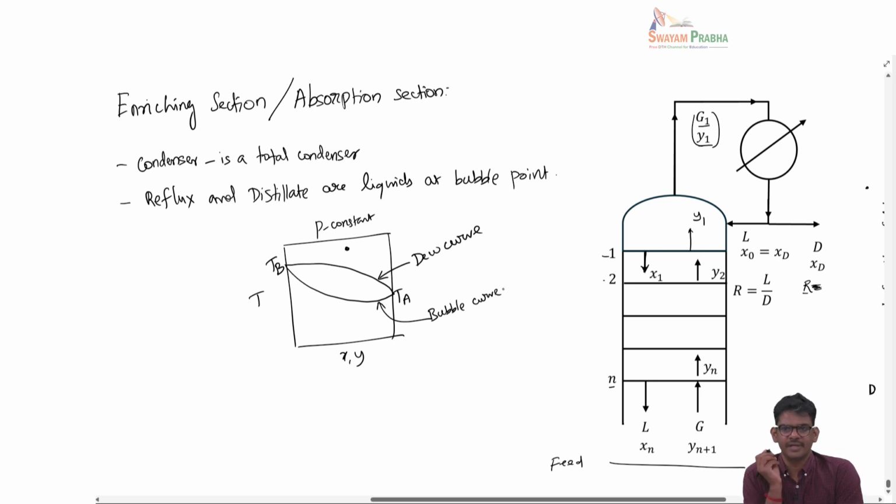So what's happening at the condenser is that a vapor consisting of the composition Y1 here is cooled all the way down here.